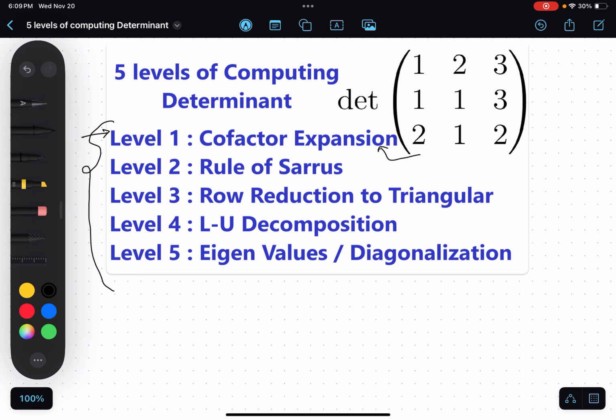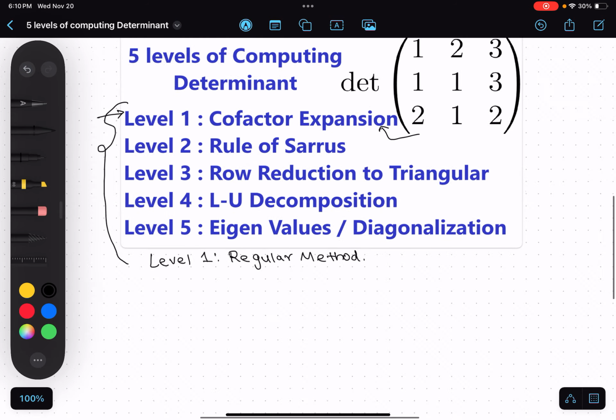So yeah, let's start with label 1, which is the cofactor expansion, and this is the one that all of us learn in the high school or in the college. So basically this is a regular method.